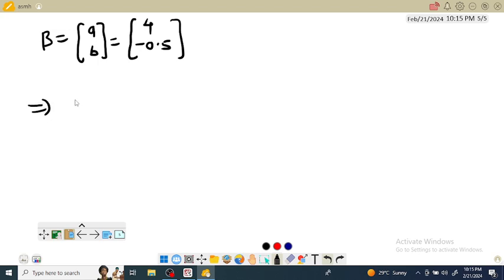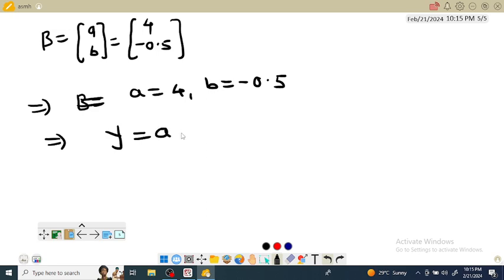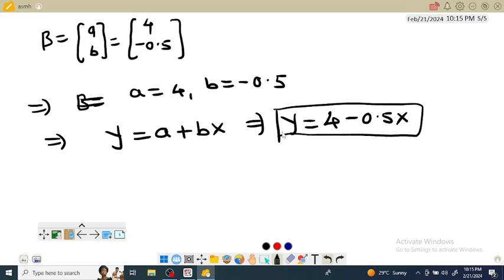So we get a is equal to 4 and b is equal to minus 0.5. From this we get the linear regression line, which is a plus bx. So this implies y is equal to 4 minus 0.5x. This is the linear regression line passing through the given data.